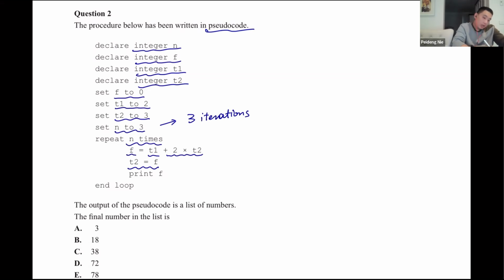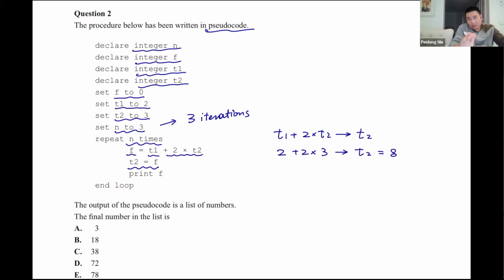Basically, t1 plus 2 times t2 is assigned to the next t2. So the first step: t1 is 2, plus 2 times 3. That's your next t2, which equals 8. We haven't set other values for t1, so it remains the same.